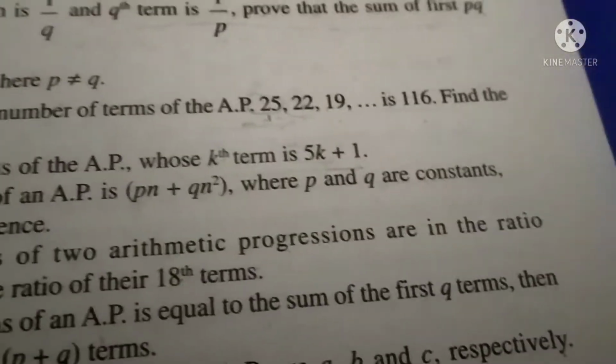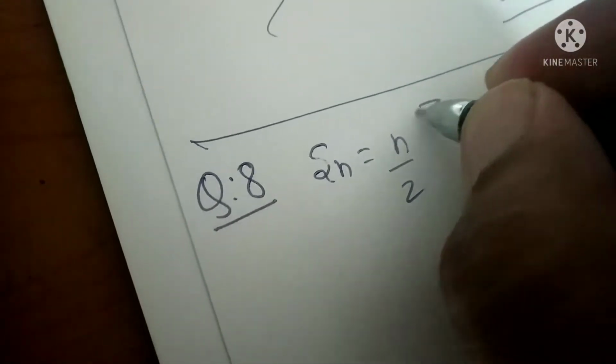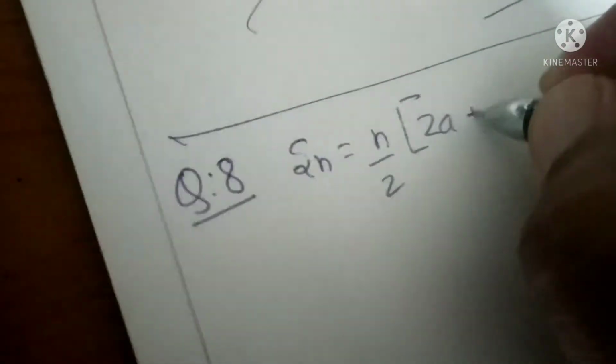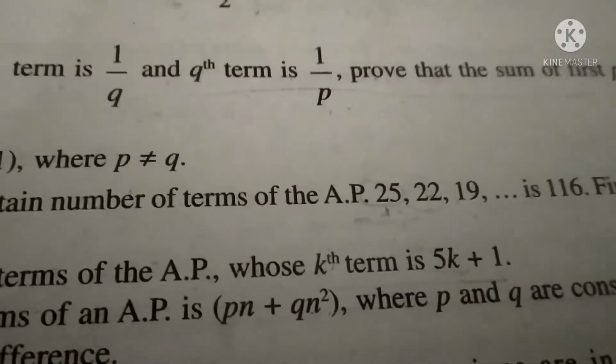Sum of the n terms of an AP. So for n terms, Sn is equal to n by 2 whole into 2a plus n minus 1 whole into d. So this is given as Pn plus Qn square.